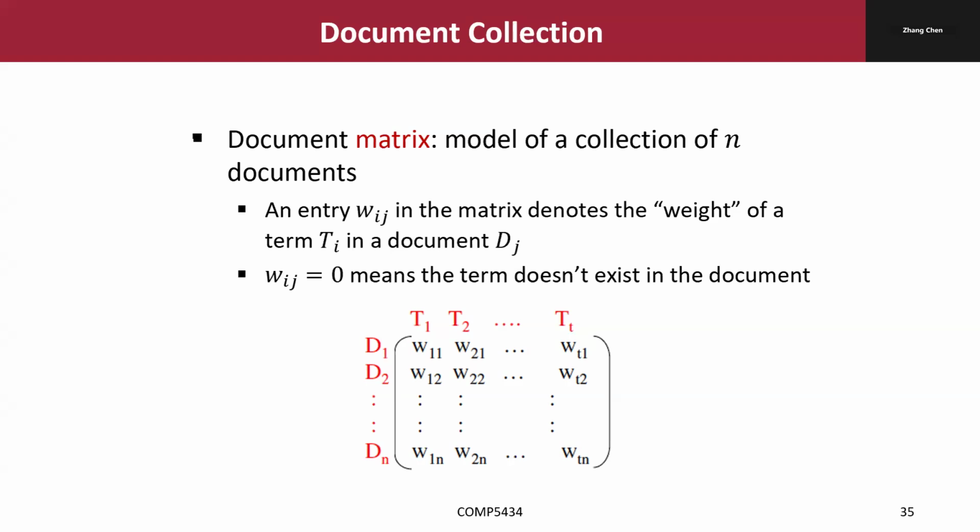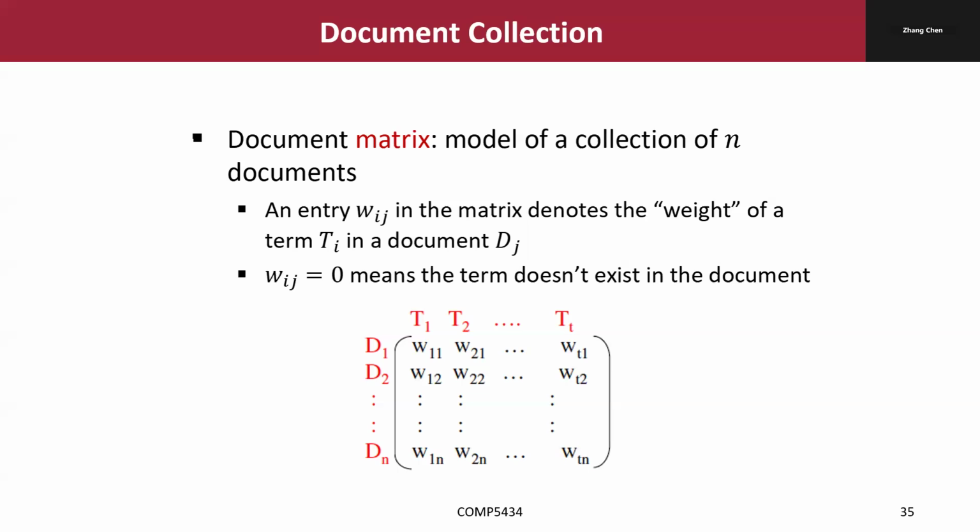When we have multiple documents, for example, in the previous example we had 3 documents, we put all the document vectors together and get a matrix. In this matrix, each row is a document, and each column is a word. Each entry in the matrix is written as Wij.